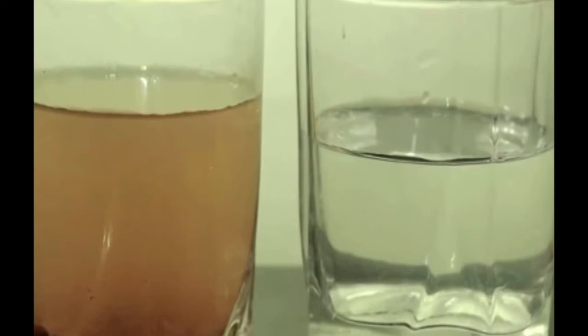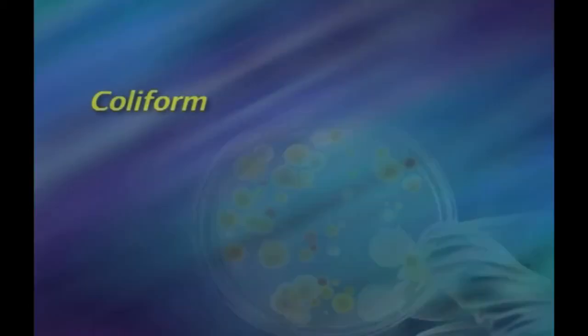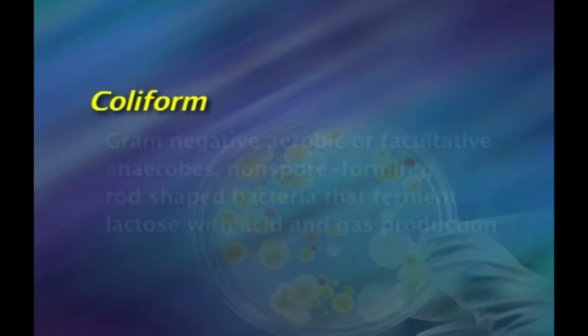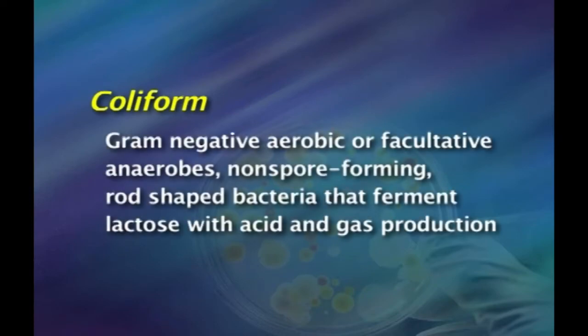Coliform bacteria can serve as indicators of fecal contamination. Coliforms are defined as gram-negative aerobic or facultative anaerobes, non-spore forming, rod-shaped bacteria that ferment lactose with acid and gas production.